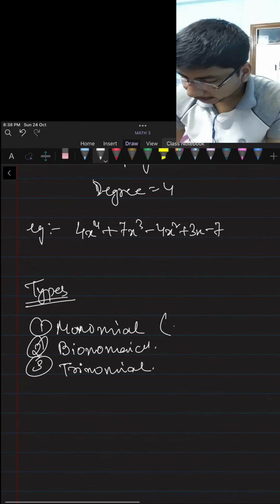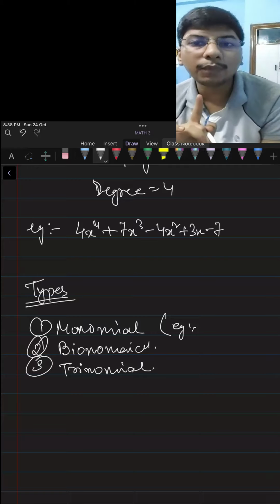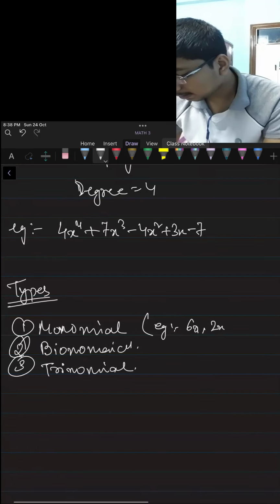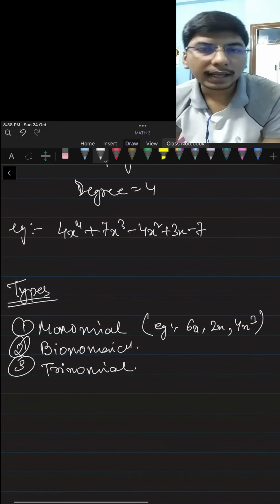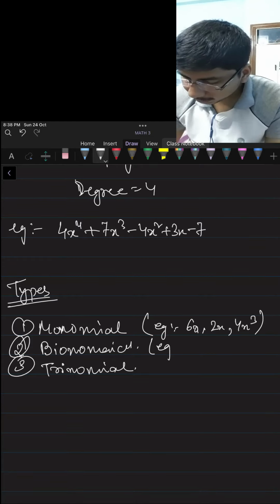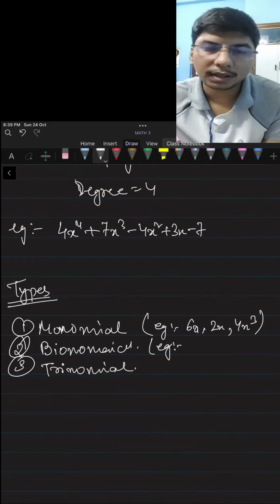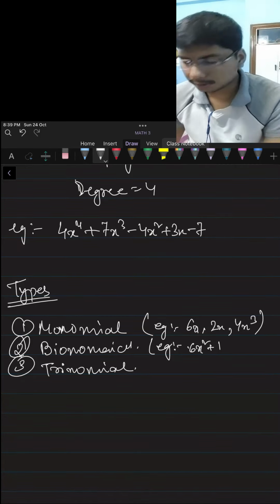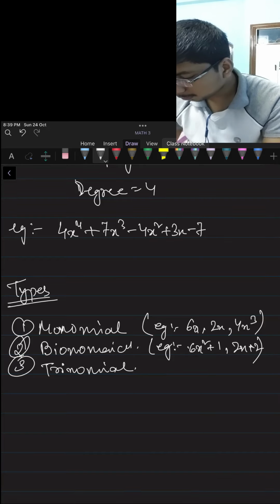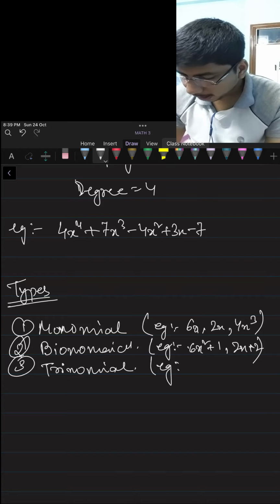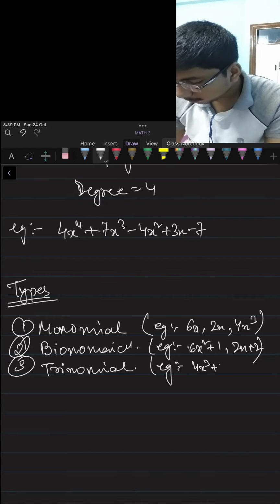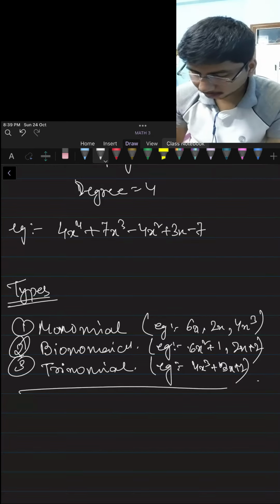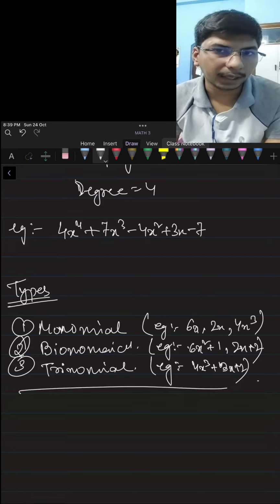Monomial means it has only one term, like 6x, 2x, 4x cube, etc. Binomial means it has two terms, like 6x square plus 1, or 2x plus 2, etc. And trinomial means three terms, like x cube plus 3x plus 2. These are known as monomial, binomial and trinomial.